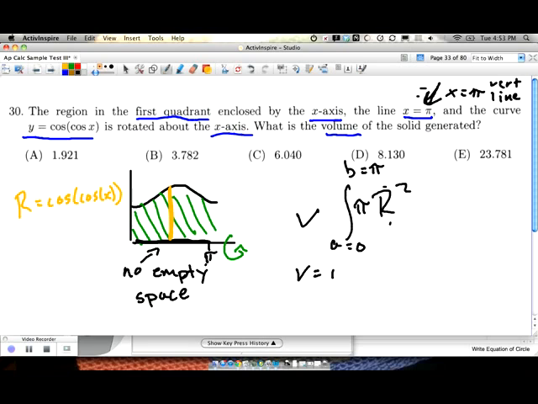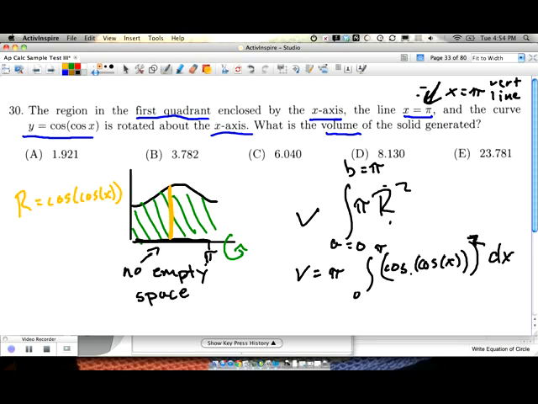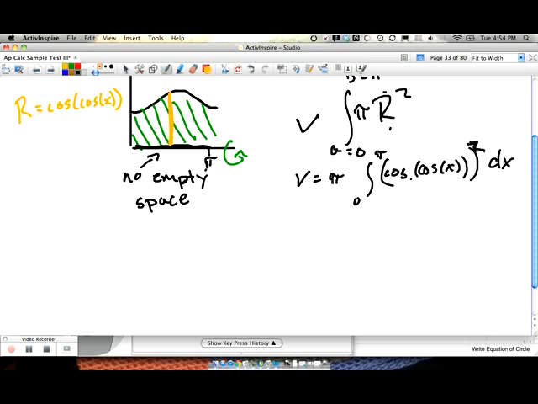So our volume is going to be equal to pi times the integral from 0 to pi of cosine of x squared dx. Alright, so now that we have this piece, we just need to type that in and calculate it.